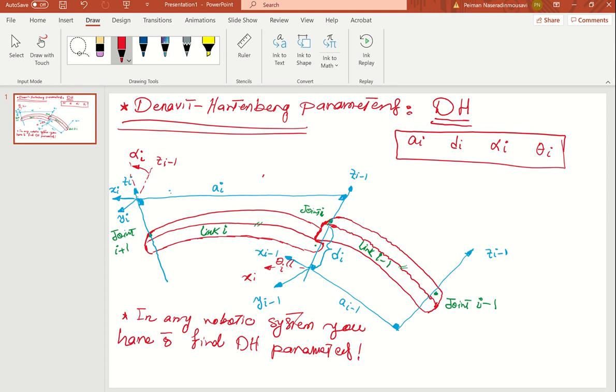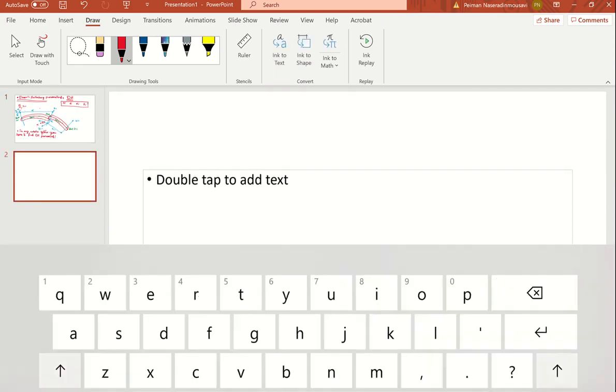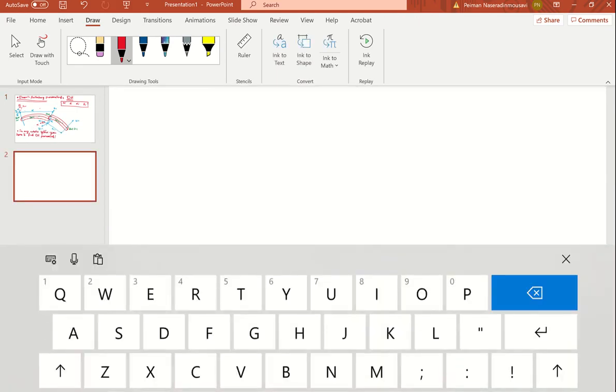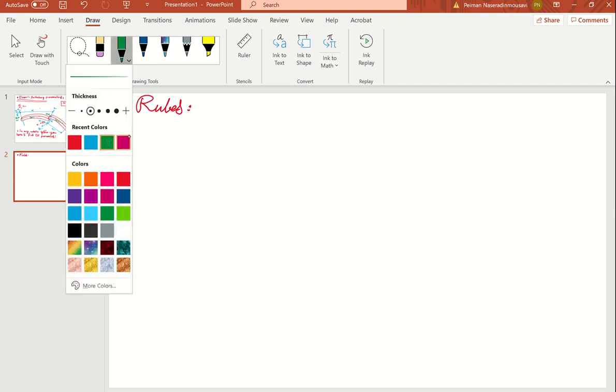Okay. So now we have a few rules for finding those. The rules in robotics.